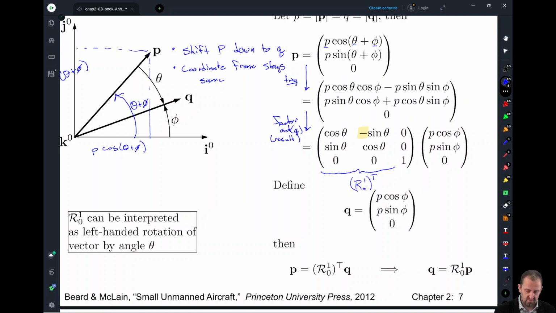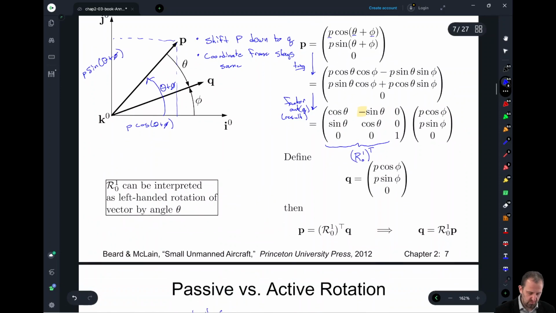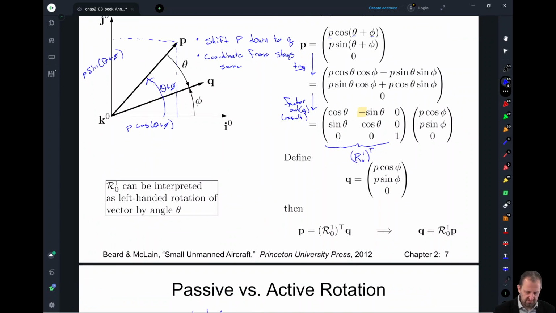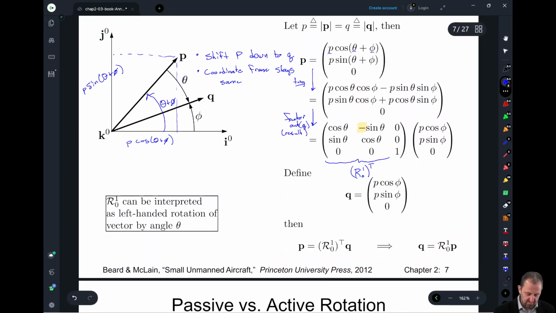So when we're rotating these vectors, if we want to rotate our P by that angle theta, it's as if we were going forward in time, or sorry, I misspoke, because this is Q.